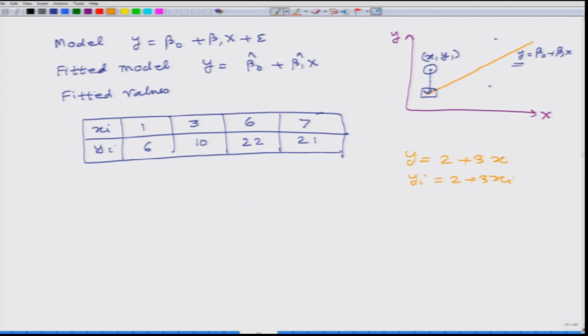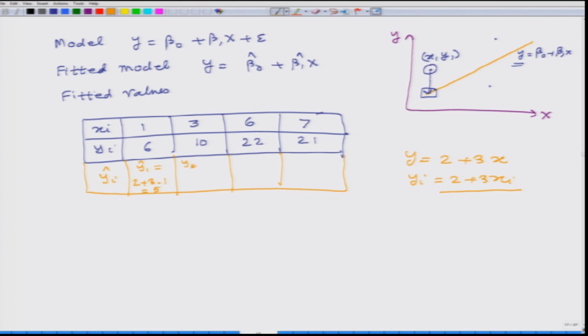Now I can obtain the value of yi hat. For example, y1 hat is going to be 2 plus 3 times x1, which is 1. So, this is going to be 5.